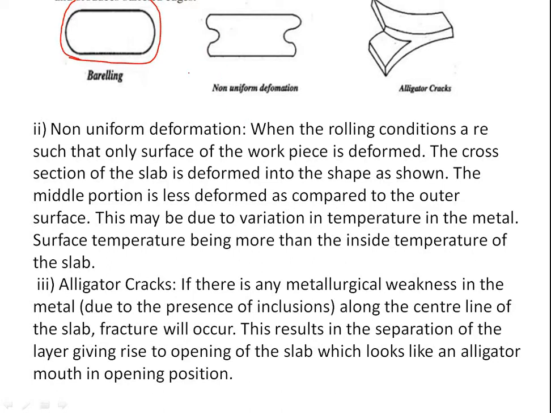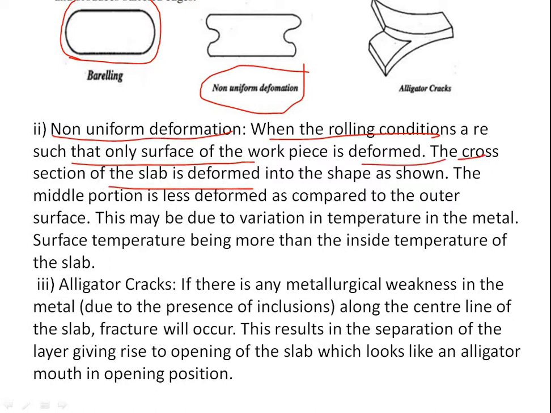And next one will be non-uniform deformation. So non-uniform deformation: when the rolling conditions are such that only the surface of the workpiece is deformed, the cross section of the slab is deformed into a shape as shown. You can see the figure.